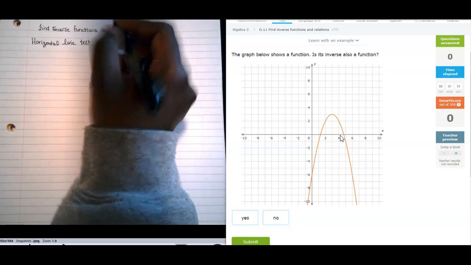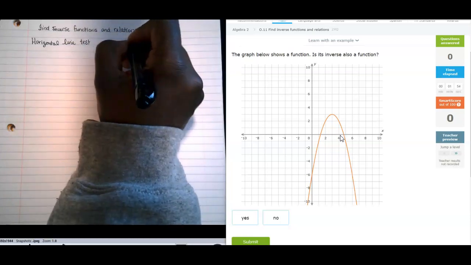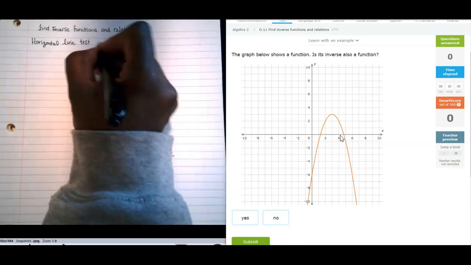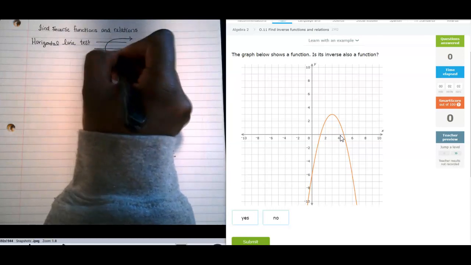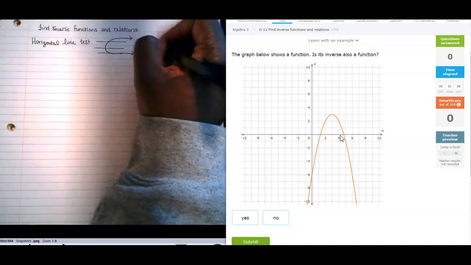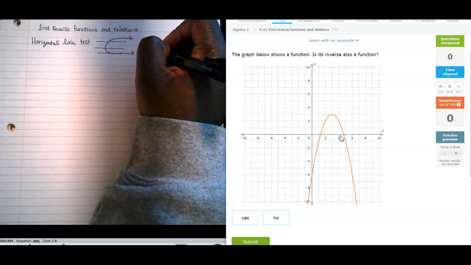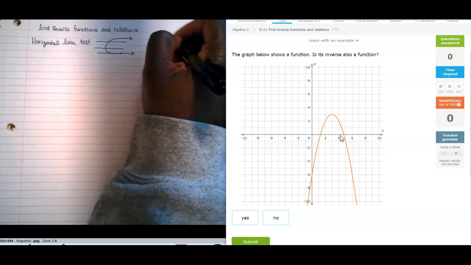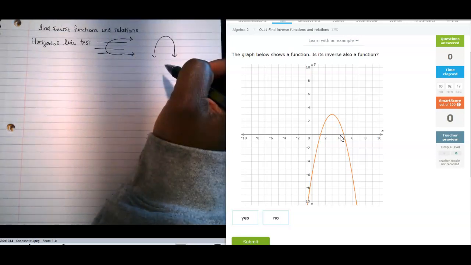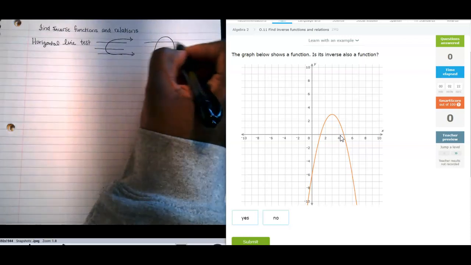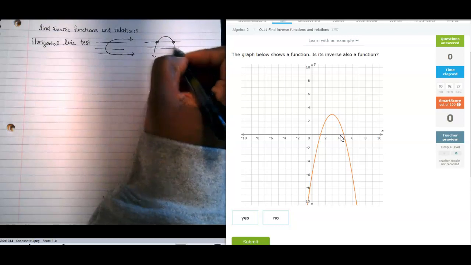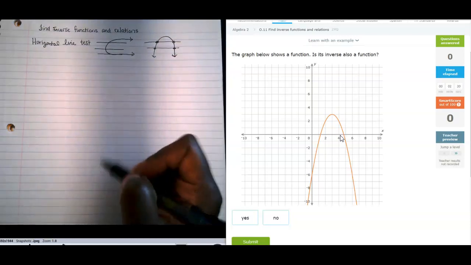If I had something like this, and I drew a horizontal line, I could say, oh, this function has an inverse. Versus if I drew something like, say, a quadratic that was reflected, and I drew a horizontal line, it touches here and here. So we would say that this function does not have an inverse.